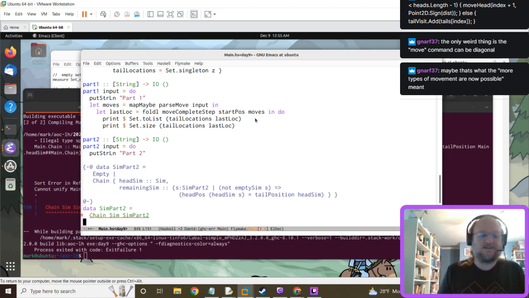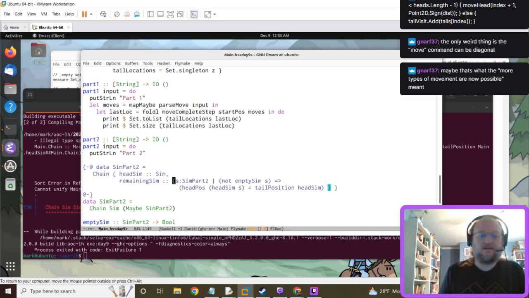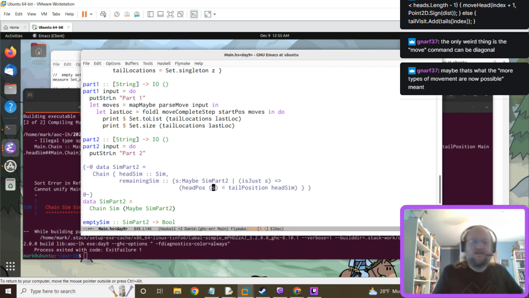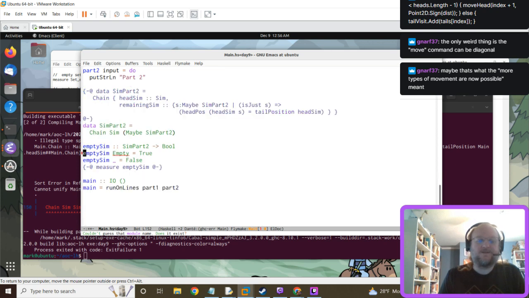All right, so let's go back to the... I wonder if part of the problem is we're using headsim in two different ways here, trying to use it as a measure and as a variable.